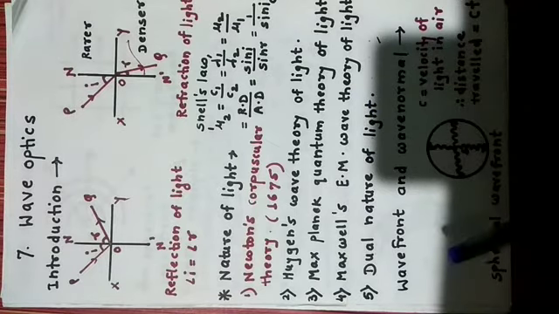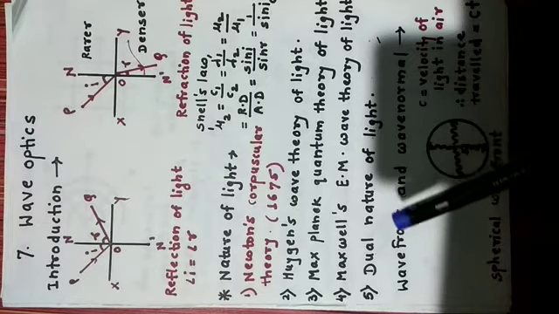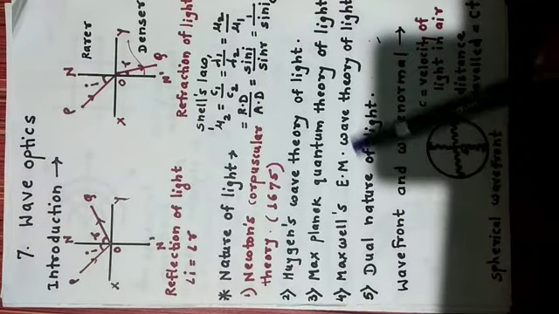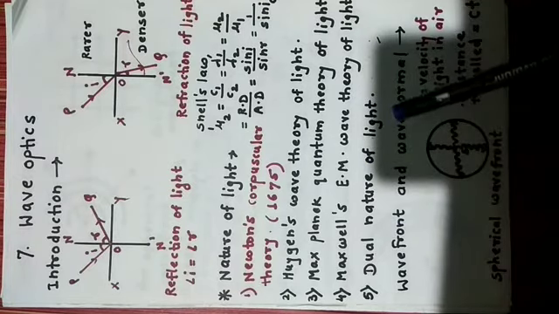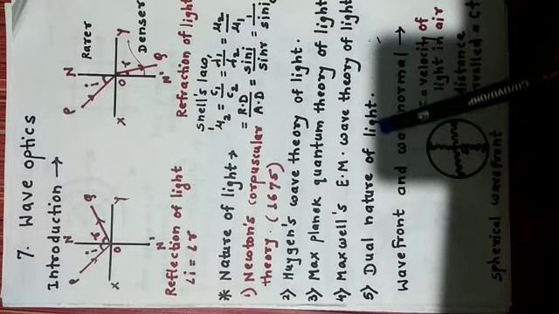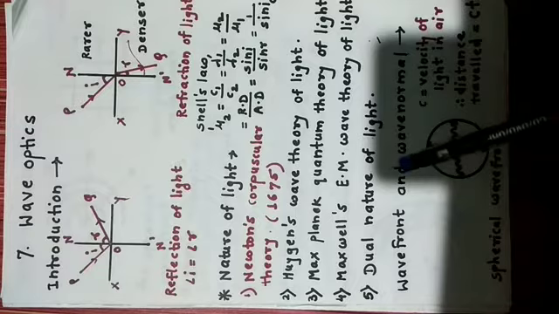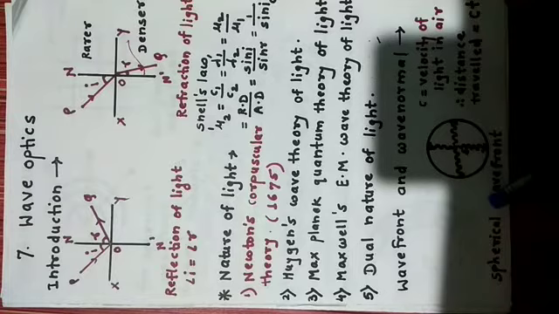Again, Newton's corpuscular theory failed to explain interference and diffraction, because to explain these phenomena we require the wave nature of light, but Newton proposed the corpuscular, meaning particle, nature of light. Also, this theory could not satisfactorily explain polarization and simultaneous reflection and refraction.